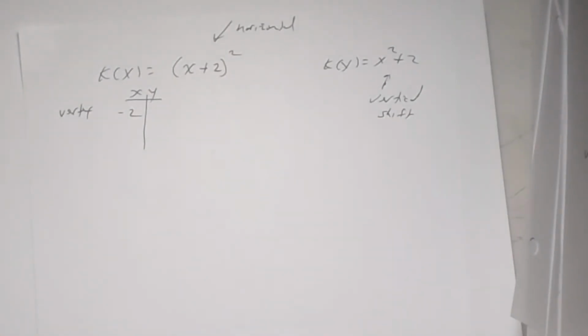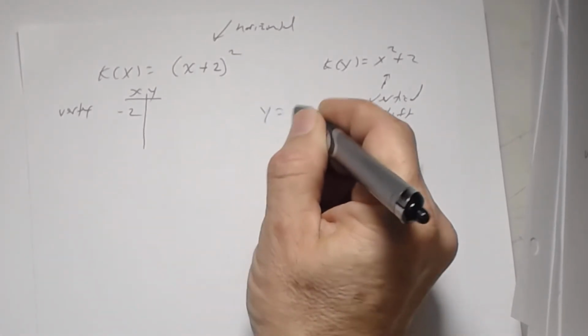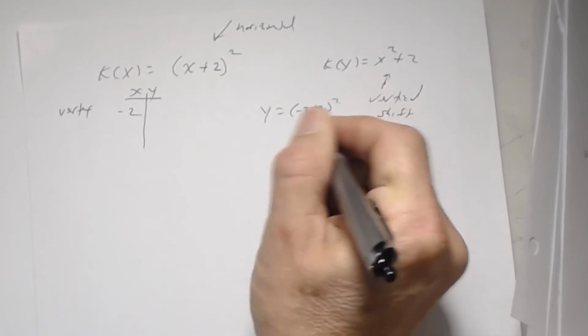Once you find the x-coordinate of your vertex, the other x-coordinates are easy to get. Okay? So when x is negative 2, what do you think your y value is? 0. You all agree? y equals (negative 2 plus 2) squared. What's negative 2 plus 2?